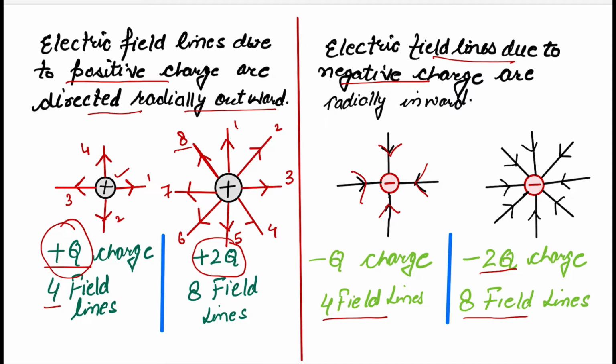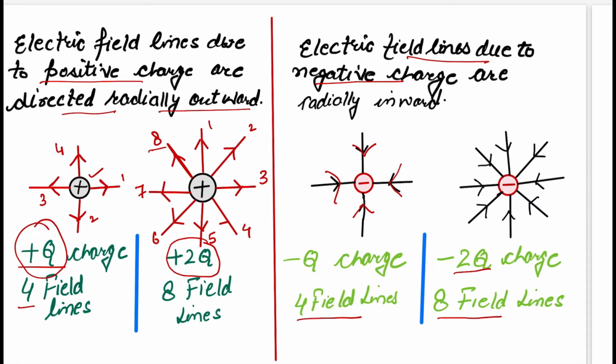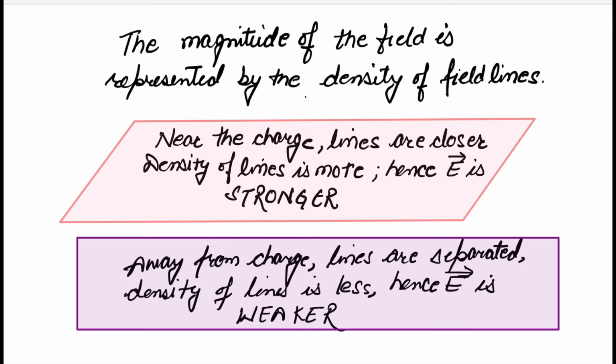From here, we can say that the magnitude of the charge is directly dependent on the number of field lines. So, the magnitude of the field is represented by the density of the field lines. Higher the charge, more will be the number of lines. More number of lines means the lines are placed densely. Their density is high, right?